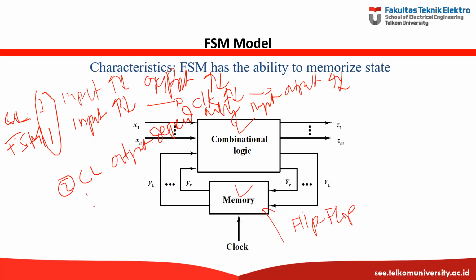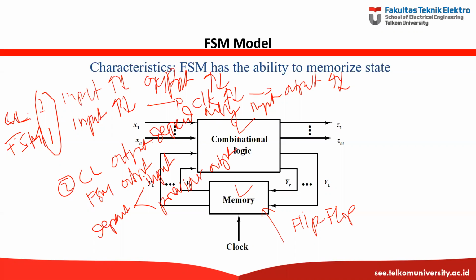However, in the FSM, the output depends on the input and also on the previous output. So at the clock, the output will become what? It depends on the input, and also on the previous output.